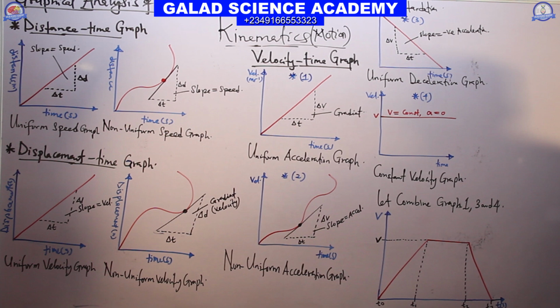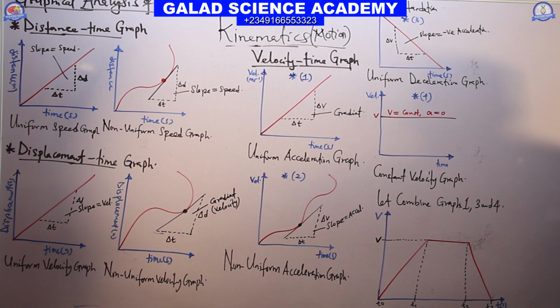Whenever the acceleration is negative, we call it deceleration or retardation. When the rate of change of velocity is decreasing, we have deceleration; when it is increasing, we have acceleration.